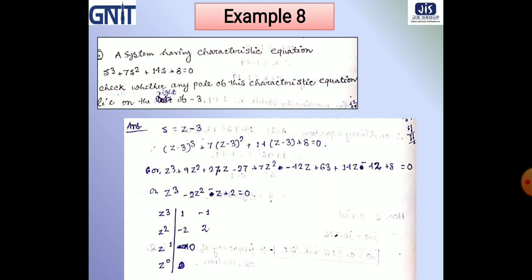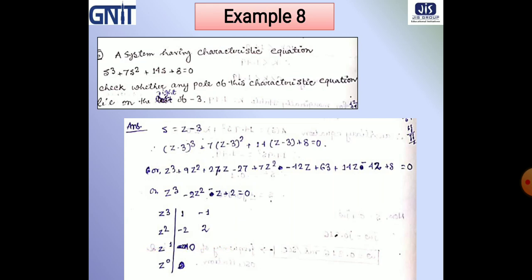So if you apply the formula a minus b whole cube, then again you find a simplified equation, that is z cube minus 2z square minus z plus 2 is equal to 0. If you apply the Routh-Hurwitz criteria, then you can see there is a row of 0.